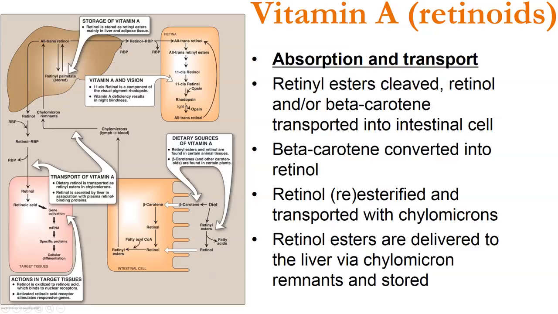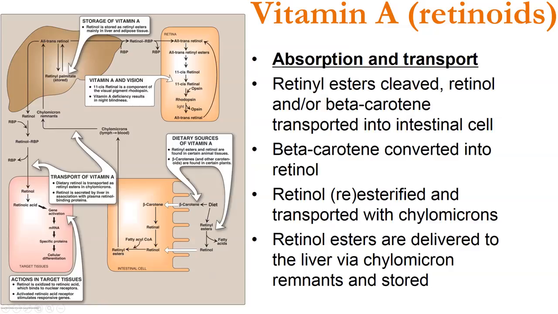Typically vitamin A, unless it's in the beta-carotene form, is going to exist as a retinol ester, so basically it's just attached to a fatty acid. That's typically how it gets stored in the animal-derived tissues you're going to get in your diet.